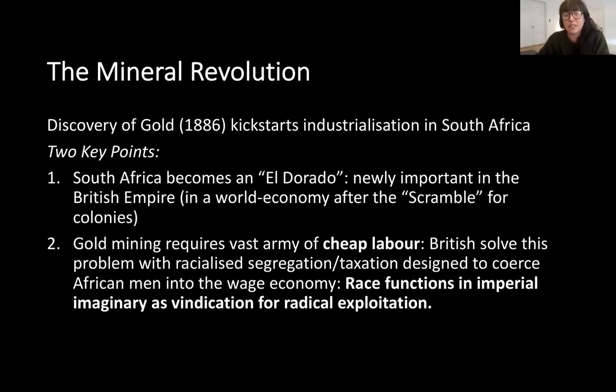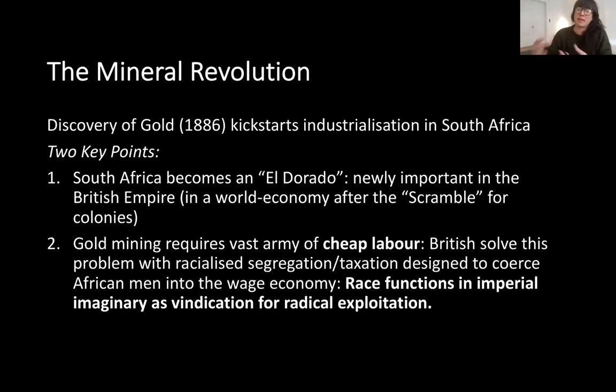There was always this preemptive shortage of labor. They needed so much labor to be able to mine the gold seam. And the British colonial administration solved this problem by setting up a racialized taxation system, which emerges in tandem with an early segregation system.